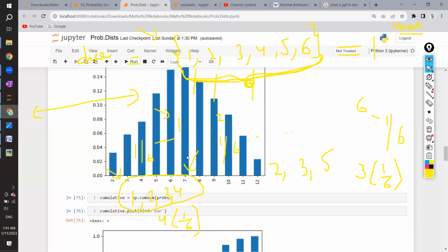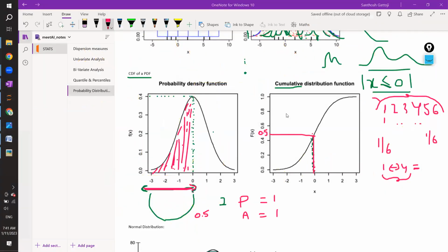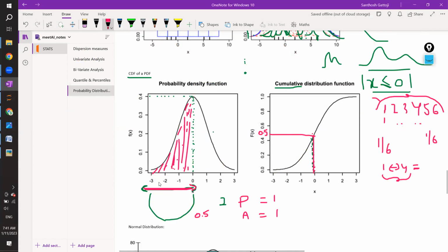But in a continuous variable, you don't know the values. You don't know what my whole data set or my complete set of the random variable is. Because in discrete, this is your random variable: 1, 2, 3, 4, 5, 6. In continuous, you don't know. It is like infinite.